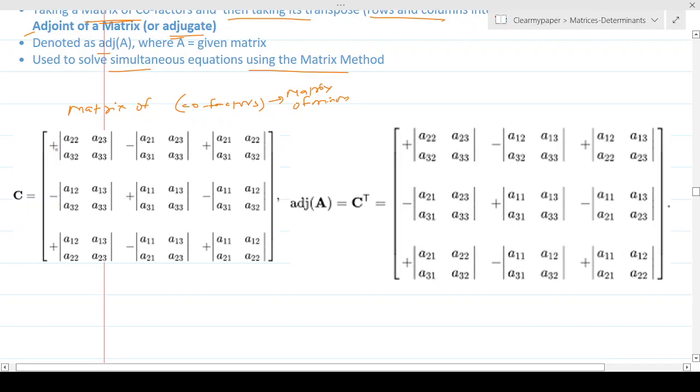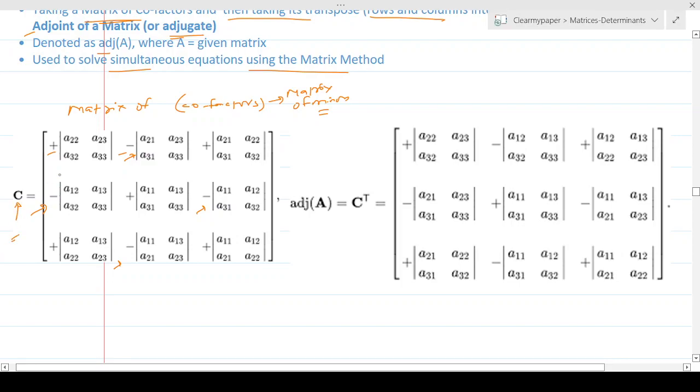If you remove the alternating signs plus, minus, plus that we discussed in the last episode, whatever is remaining, just the determinant part, the whole matrix is nothing but the matrix of minors. But as soon as you apply alternating plus or minus signs, or multiply by plus or minus 1, where the diagonal elements are all multiplied by plus 1, and the non-diagonal elements are multiplied by minus 1, the whole matrix becomes a matrix of cofactors, denoted by capital letter C.